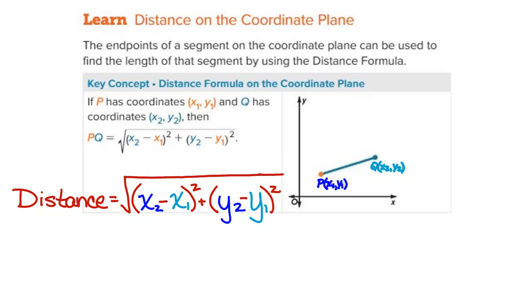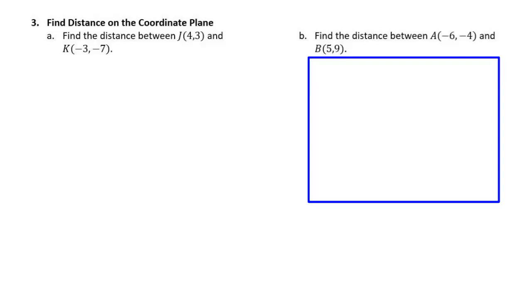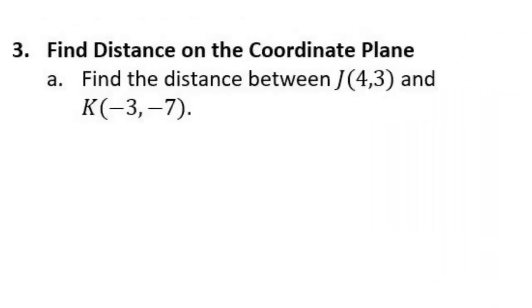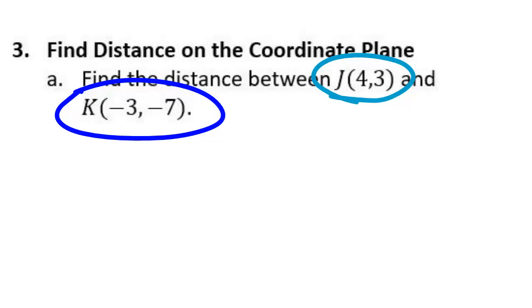All right. We're going to practice substituting into this formula and finding the distance between 2 points. So our first example here, we're going to find the distance on the coordinate plane between point J and point K. Just like yesterday, where it didn't matter which order we put the numbers in, which one was point 1 or point 2, which one came first or second, it doesn't matter here either, but we have to choose one of these to be my point 1 so that I know my x1 and my y1 go together, and my x2 and my y2 go together.